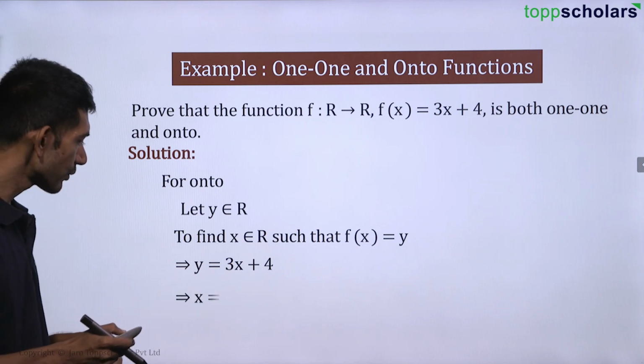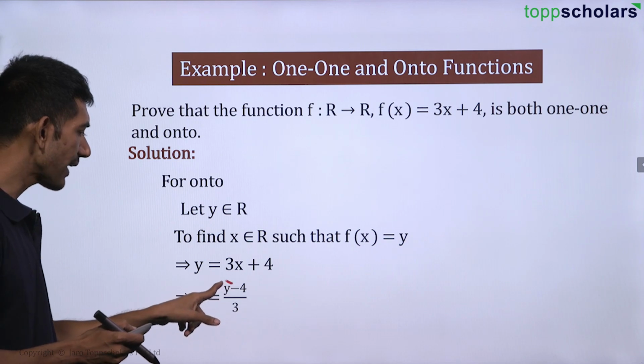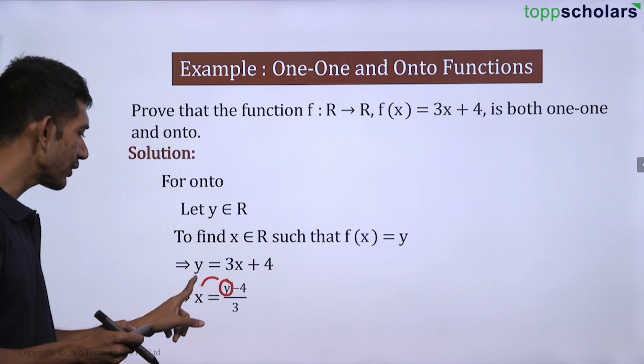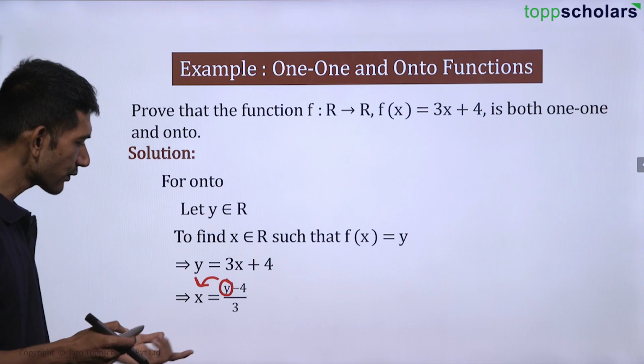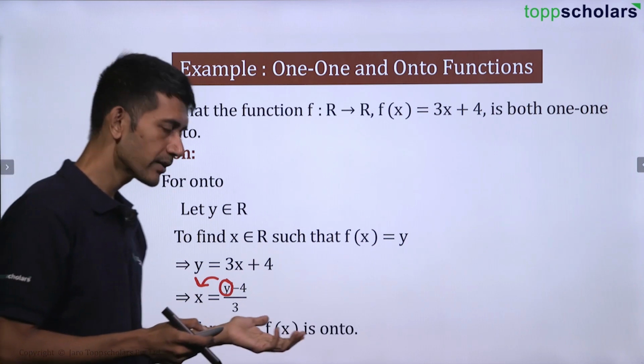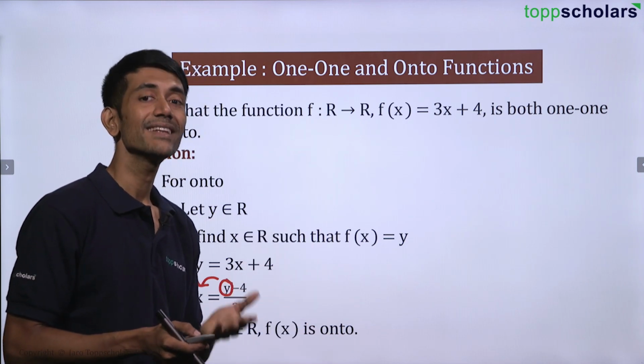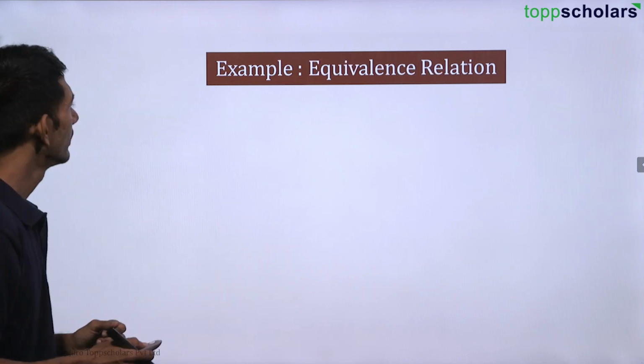Solve for x. What will be x? x is equal to (y minus 4) by 3. So can I say for every value of y, you are going to get some value of x? Yes. Therefore, this is definitely an onto function. Correct? So, it's onto also, it's one-one also. So we can say that it is a bijective function.